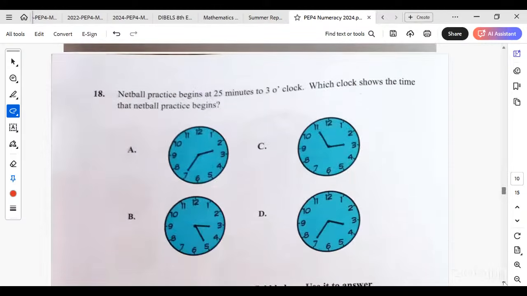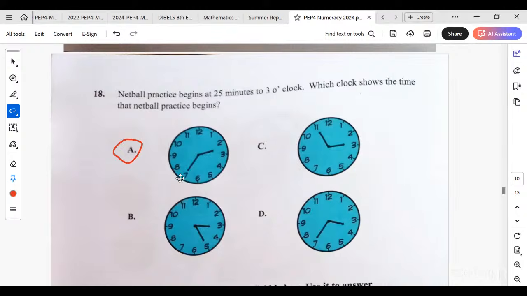Next question. Netball practice begins at 25 minutes to 3 o'clock. Which clock shows the time that netball practice begins? So 25 minutes to 3, not yet 3. So we need to take 25 minutes from 3 o'clock, which would give us the correct answer, A. It's not yet 3 o'clock, so the hour hand, as you know, is not yet on the 3.